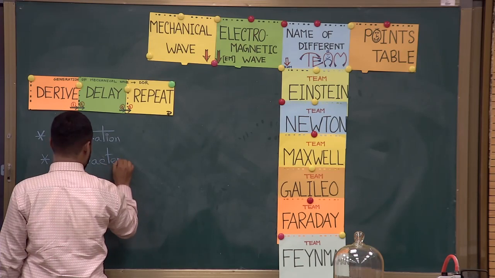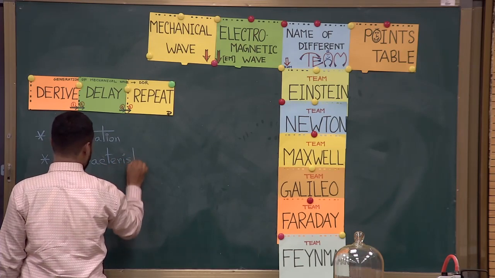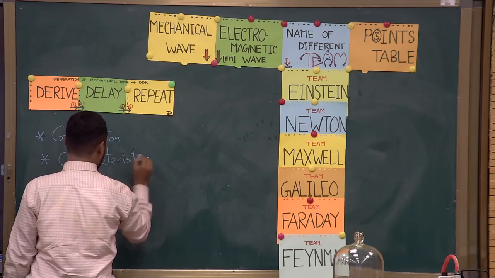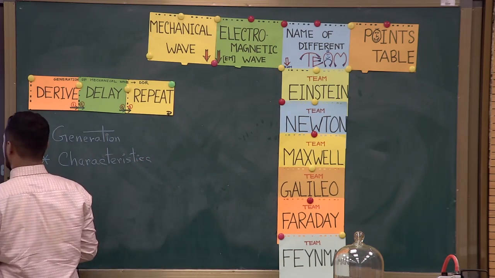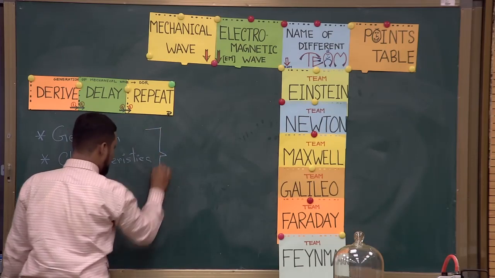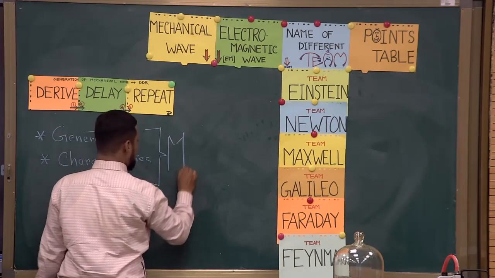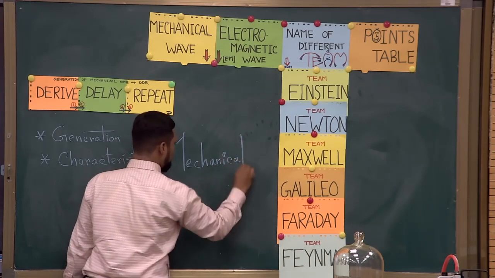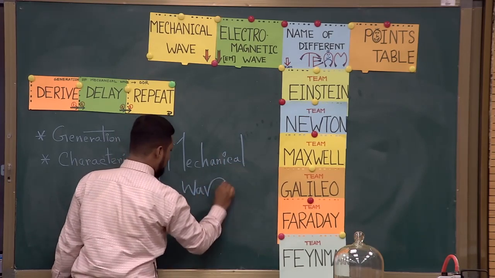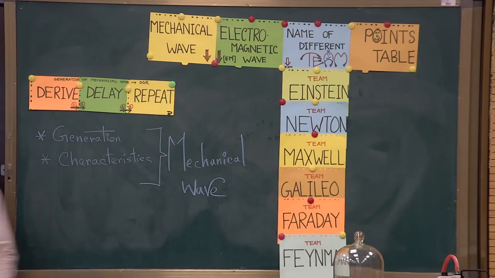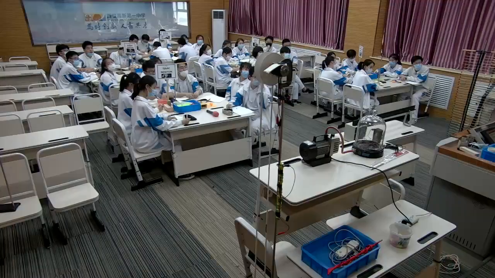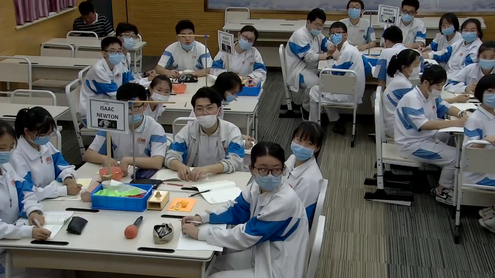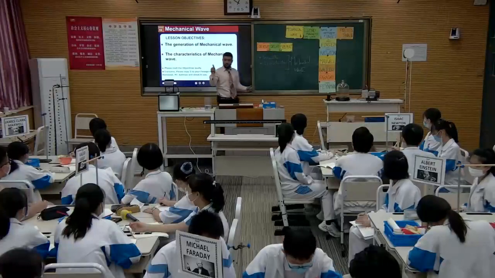Characteristics, please note it down in your notebook, everybody. So the generation and the characteristics for the mechanical wave. This is our lesson objective for today, and at the end of the lesson, I will also ask you some questions regarding this topic. Have you written, everybody?